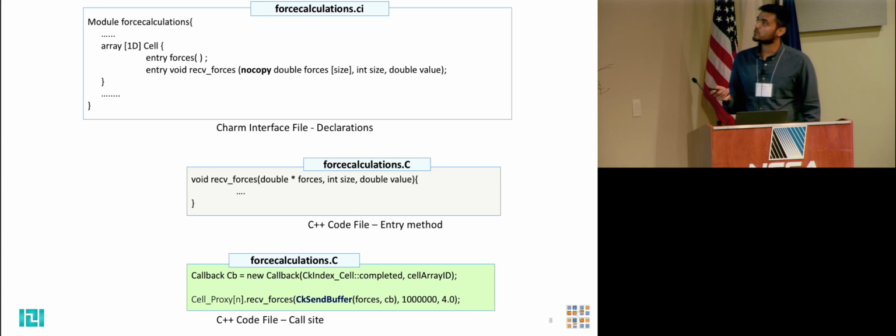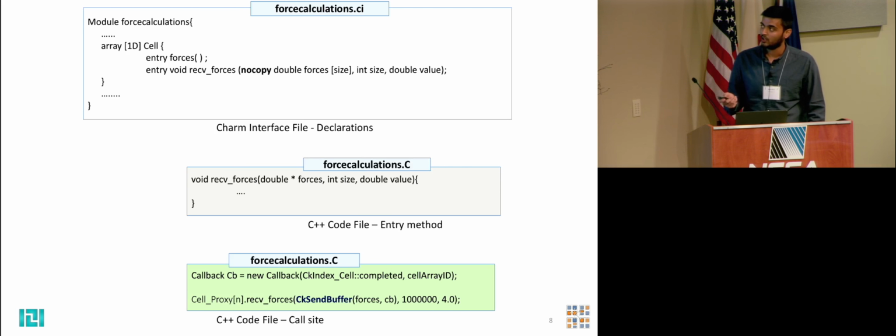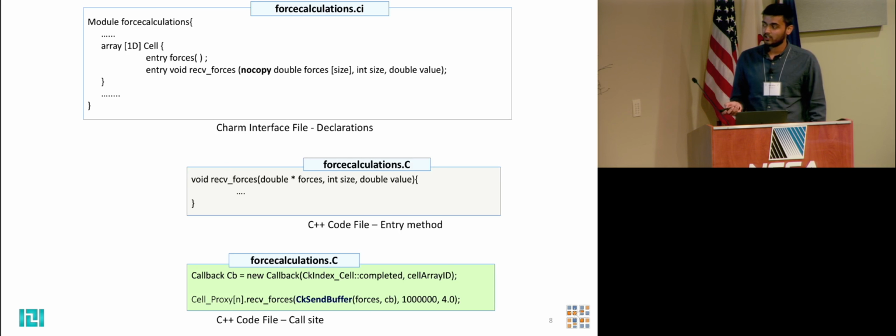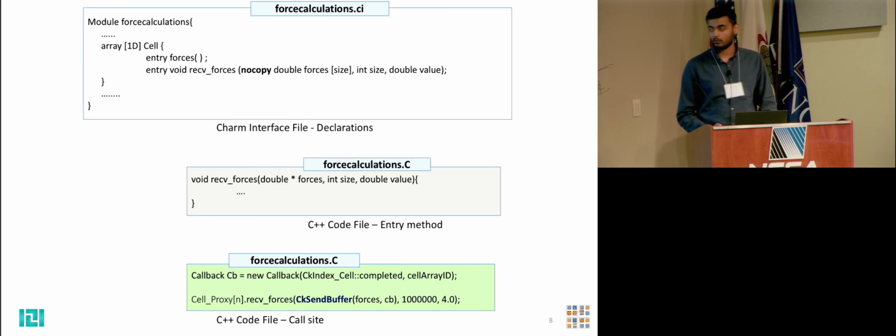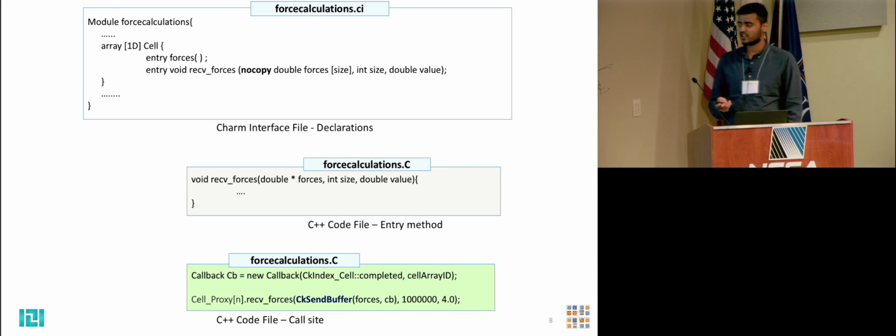So what we do is we use the keyword nocopy to identify that this is a large array and it has to not be parameter marshaled like regular arrays, and it has to be sent over using the entry method API. And at the call side, we also pass a callback to it. If we don't care about the callback, we don't have to, and we also pass it into this method called CkSendBuffer.